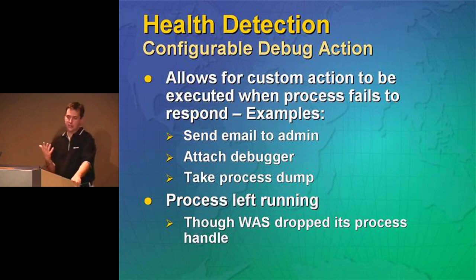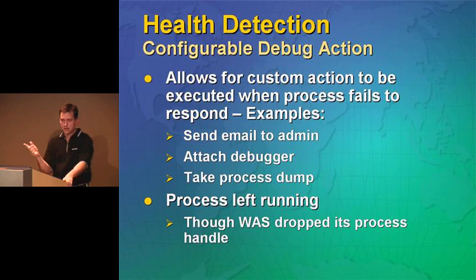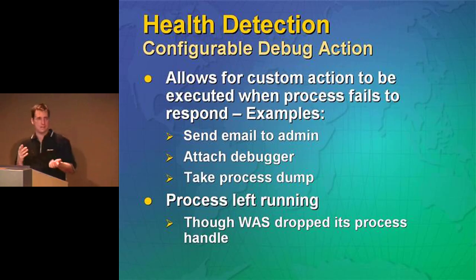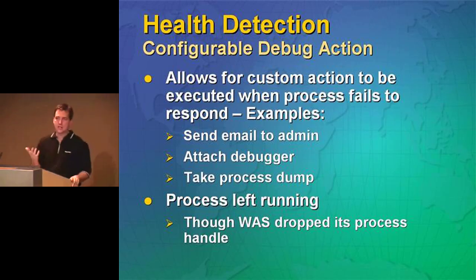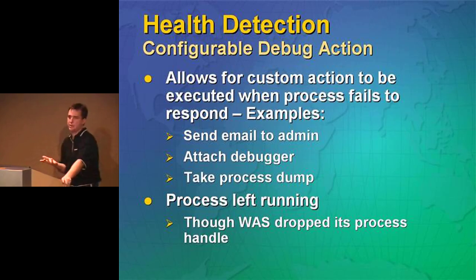So like I said earlier, with the configurable debug action, WAS detects that this process is locked because it fails to respond to a ping. You can configure some script to run if you want to send some notification, via email or something like that, saying, hey, this process crashed. It can be used in debugging scenarios where the process is still running and you attach a debugger to it, or you run some type of application that can dump the internal state of the process.